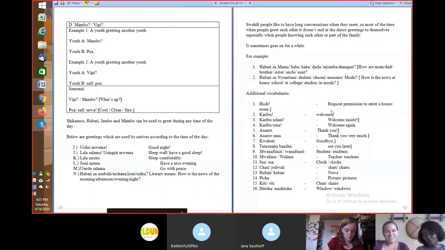Or, using the same example Miriam gave, if she's going back to her home now, then I will tell her, Nenda salama. Go with peace. If it's only during the day, you can also say siku njema, have a nice day. So these are common phrases to say goodbye.